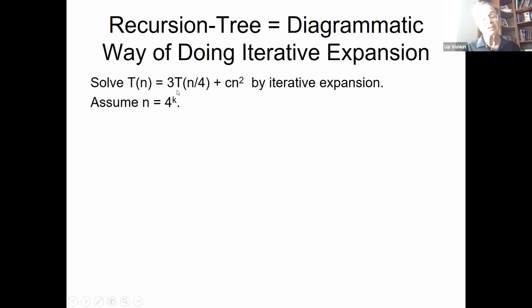The main thing to notice here is that 3 over 4 is less than 1. And we are going to see why it's a huge difference between having 5 of T of n over 5, where 5 over 4 would be larger than 1, or 3 of T of n over 4, where 3 over 4 is less than 1.